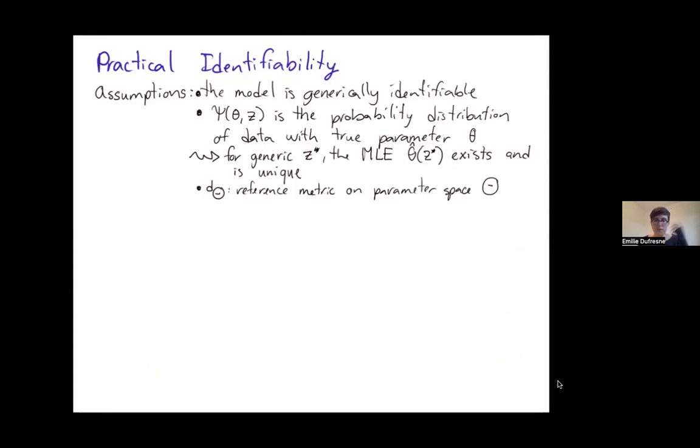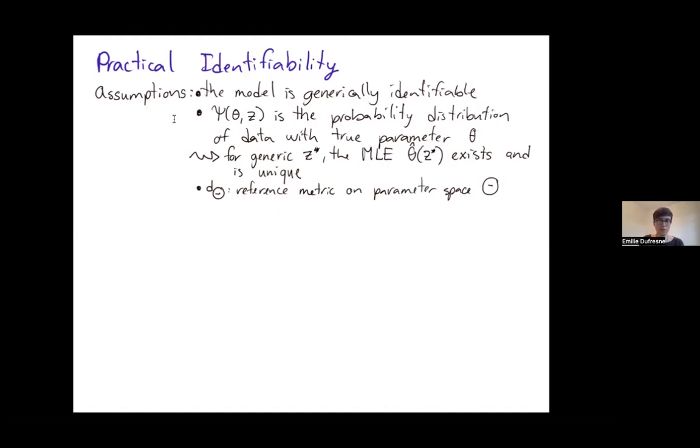But with my collaborators, Heather Harrington and Dhruva Raman, we came up with a definition. For my definition, I need to start with a model like I had before, with a model prediction map. And I need to make an assumption about the probability distribution of data with true parameter theta. And then I need the assumption that my model is generically identifiable.